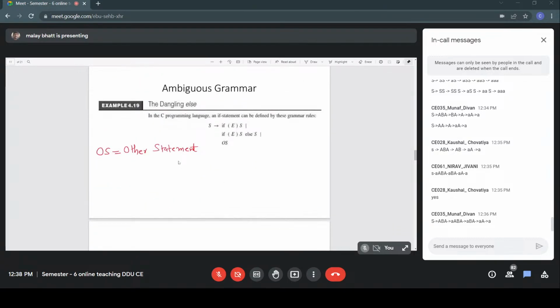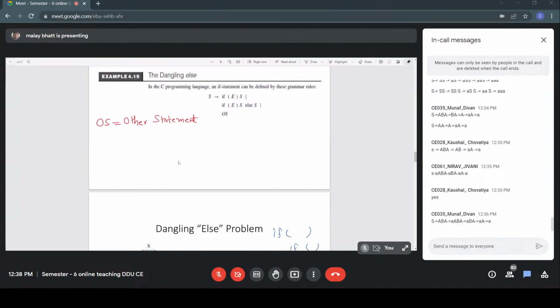Okay, now this is very interesting. This is a grammar for the if-else statement. Any condition can be considered as an expression. If the condition is there, then we have a statement to execute. In the if-else statement, if the condition is true, we have a set of statements, else we have another set of statements.